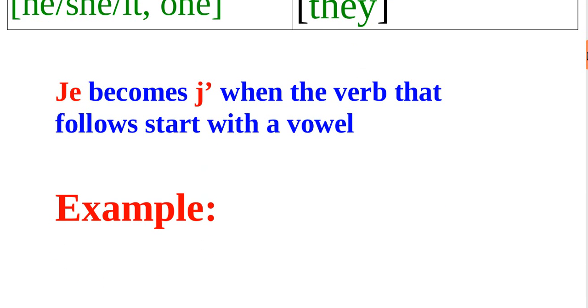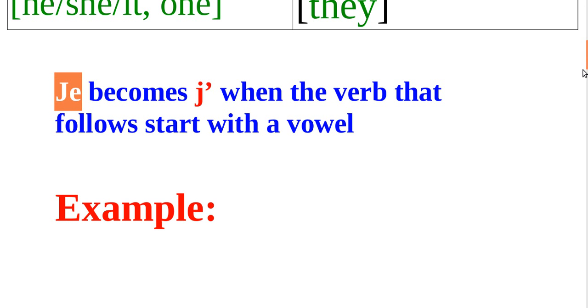Okay, let's look at each of those pronouns one after the other. We have je. Je becomes j apostrophe when the verb that follows starts with a vowel.